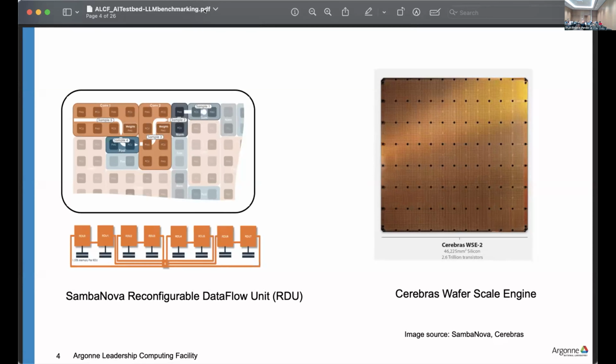You're mapping a data flow onto that particular chip, which minimizes overheads between the host and the device. Here a bunch of RDUs are connected to form a DataScale node. On the right-hand side, this is a Cerebras chip called a wafer scale engine. It's a pretty massive compute chip that has around 850K plus compute cores. So you see the sheer amount of compute capability that engine has.